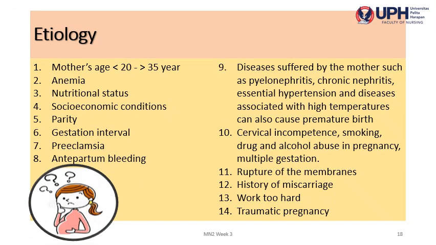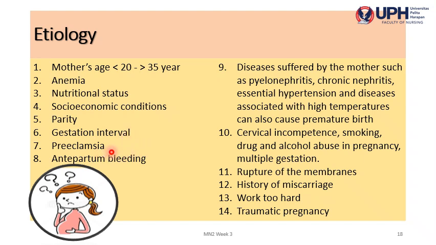And the etiology for premature birth is sometimes because the mother is too young or too old. There may be a history of anemia in the mother. We note nutritional status problems in the mother, probably also because of social economic conditions, and a number of parity that is too close or too many within a very close range of years, as well as the gestation interval.